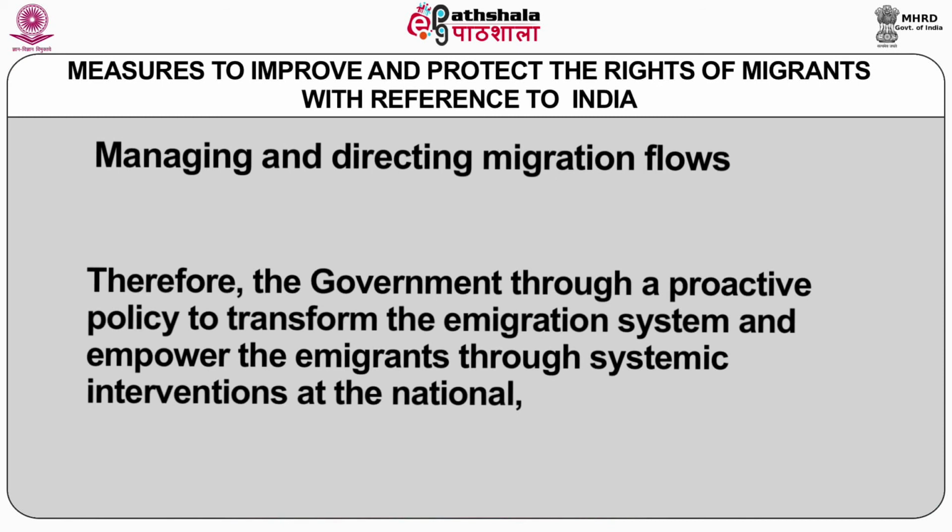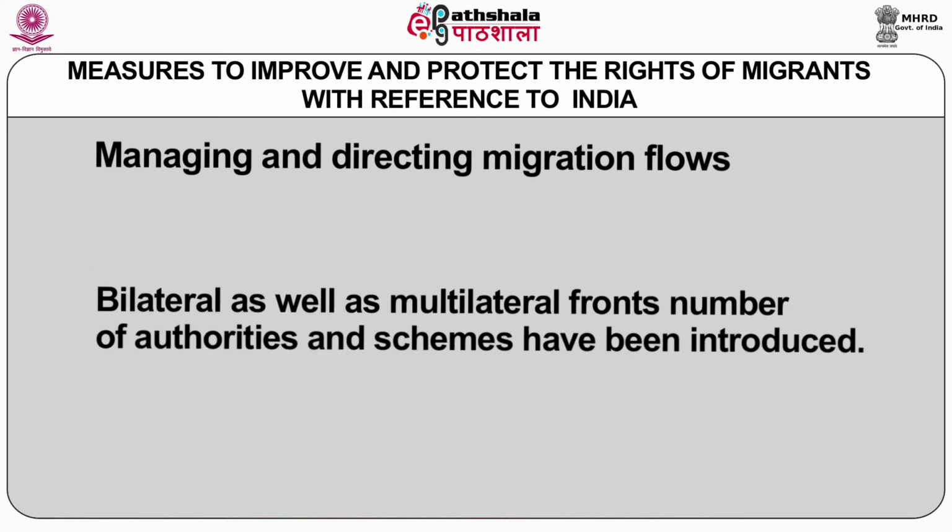The increase in migration, as well as the policy of localization by host countries, further reduces the benefits of migration to the worker. Therefore, the government, through a proactive policy to transform the immigration system and empower the immigrants through systematic interventions at the national, bilateral, as well as the multilateral fronts, has introduced a number of authorities and schemes.